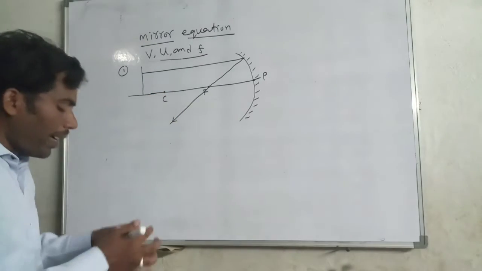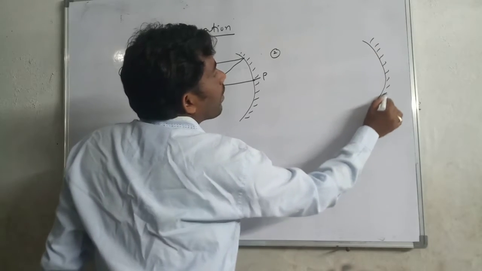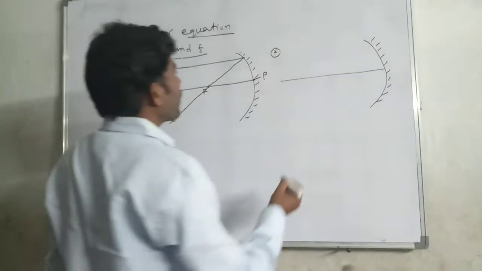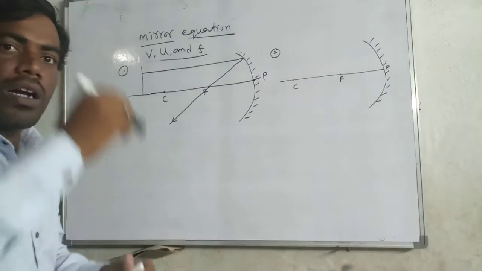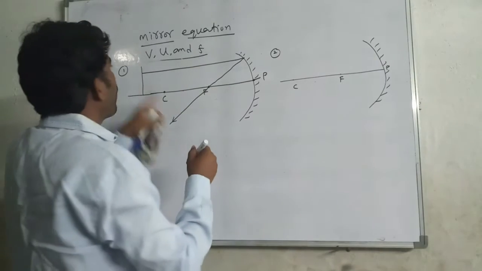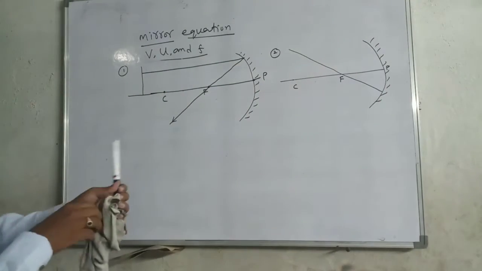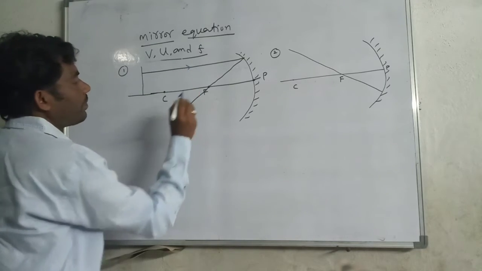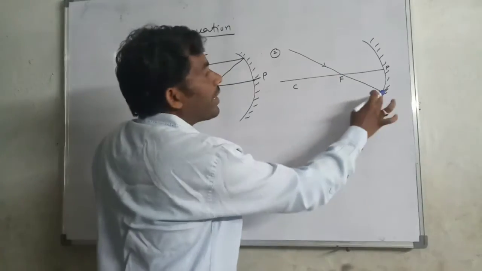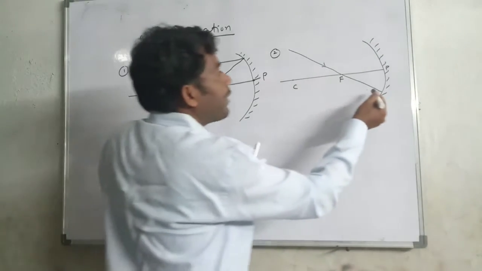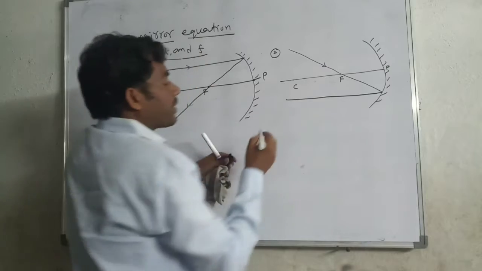The second point. In a concave mirror with points P, F and C, if a ray is traveling through the focus and incident on the mirror, after incidence it will be reflected and go parallel to the principal axis.